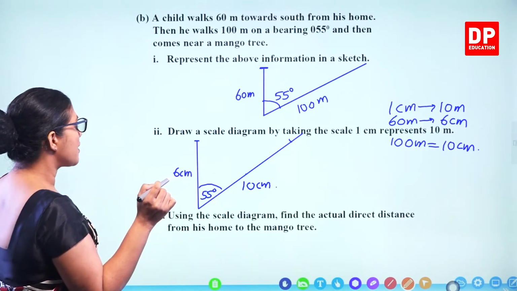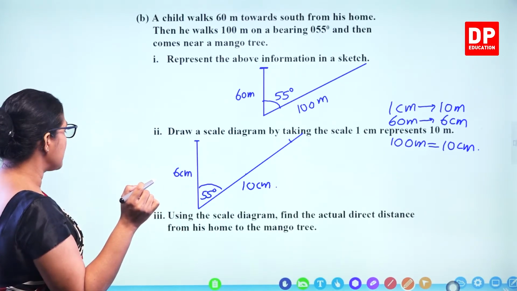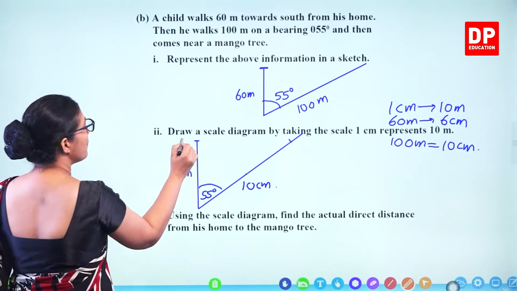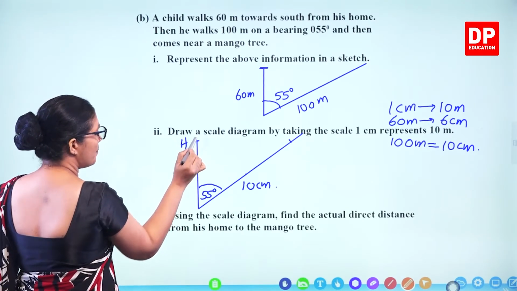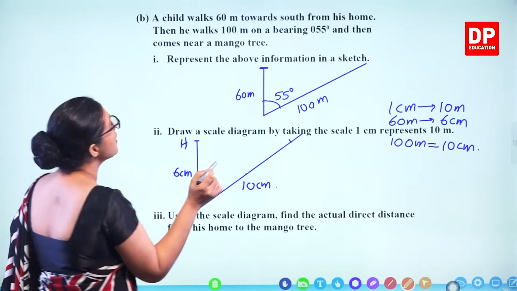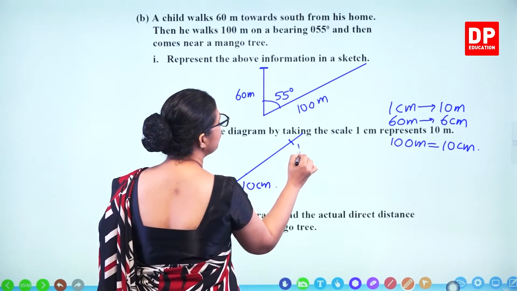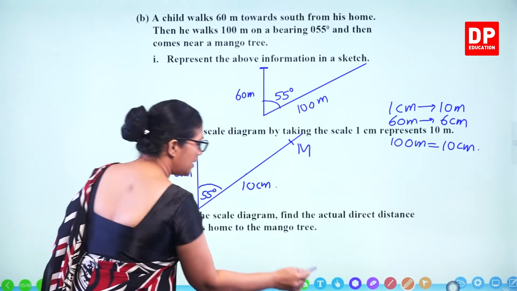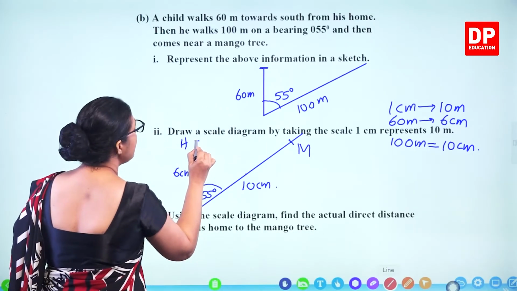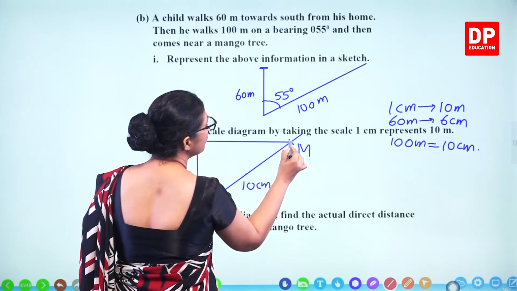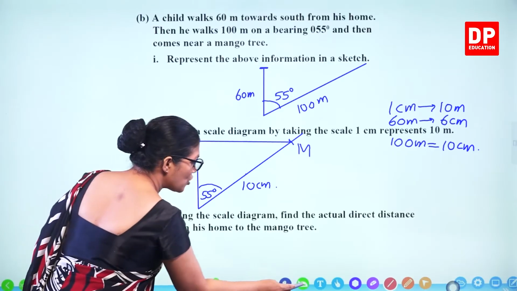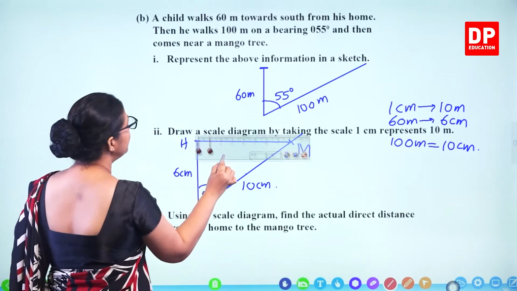Using the scale diagram, find the actual direct distance from his home. This is home to mango tree. So, this is the mango tree here. We need the distance, so we'll draw a line there and try to measure using the ruler.